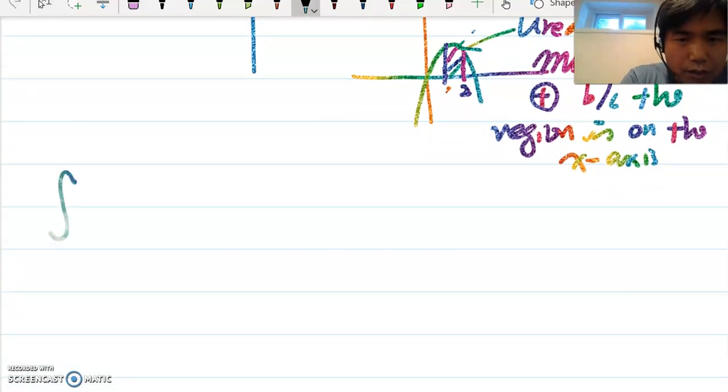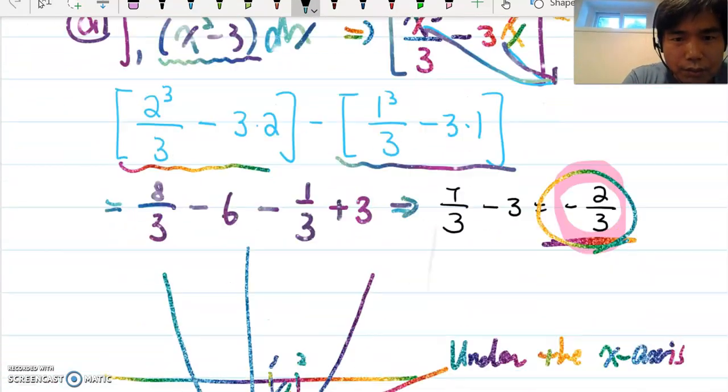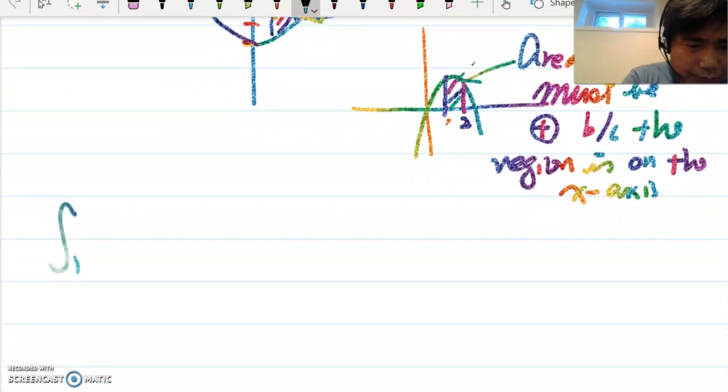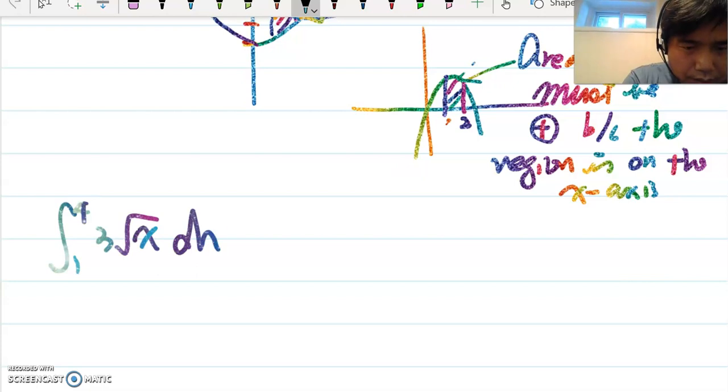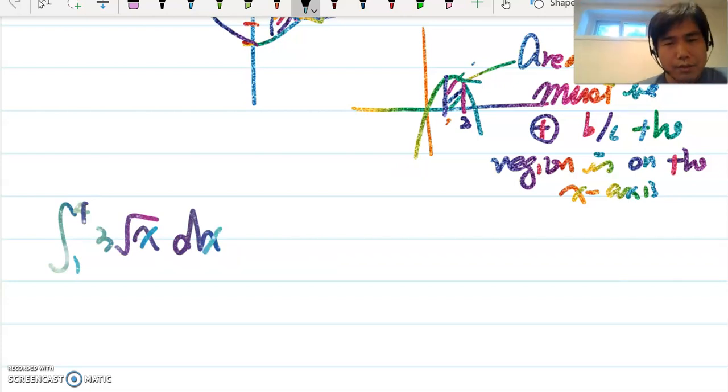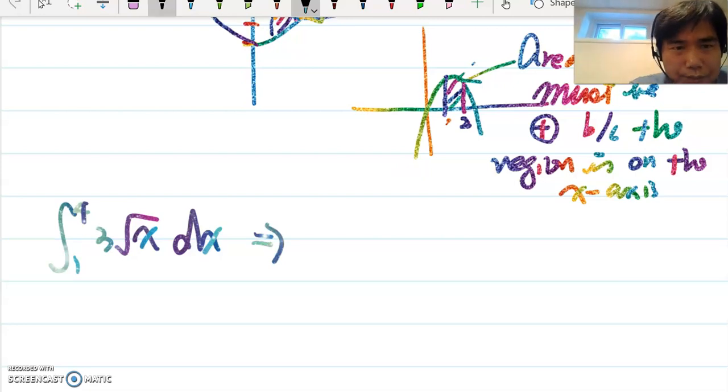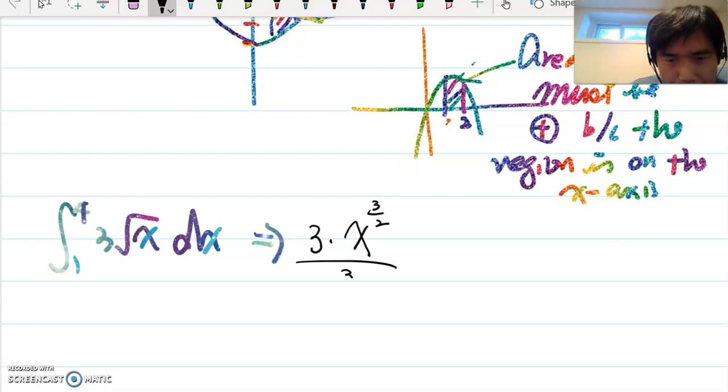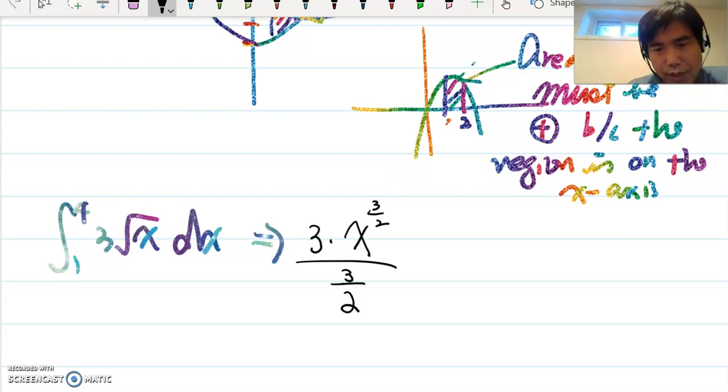Then let's continue to the second question here, which is the integral from 1 to 4 of 3 root x dx. So this one now I can do. So 3 times x to the 1 over 2 plus 1, which becomes 3 over 2, over 3 over 2, right?